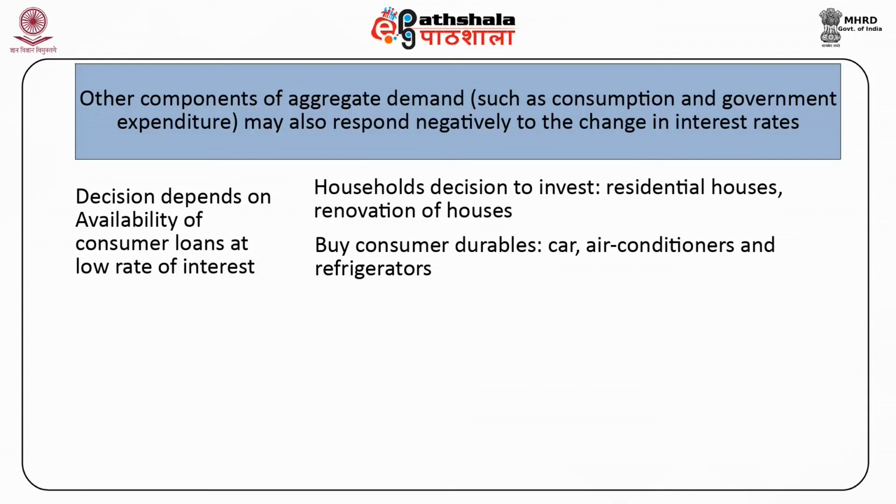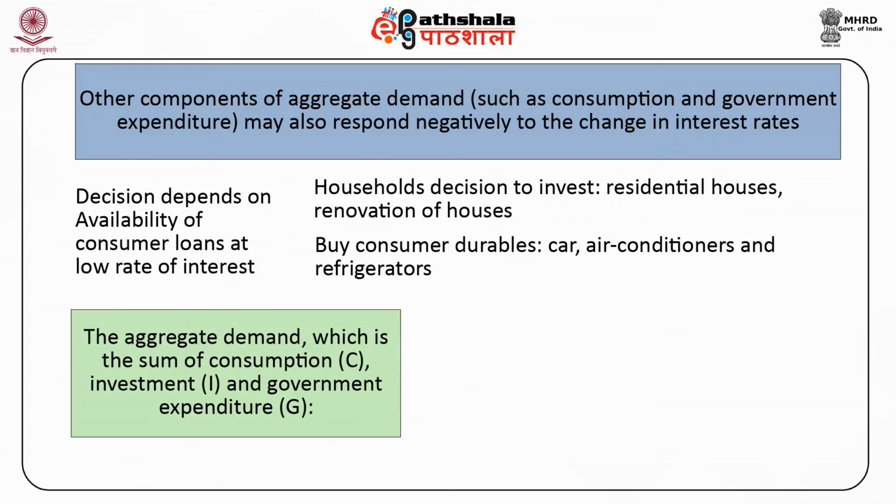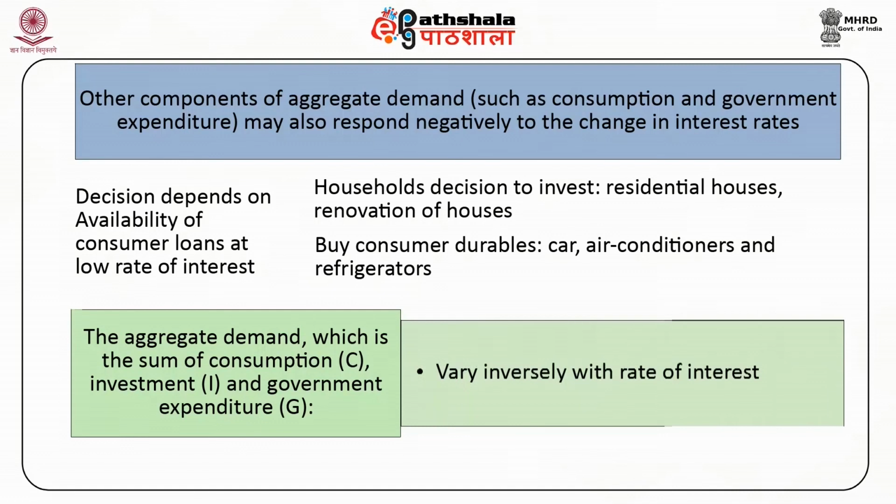Though in the earlier models we have considered government spending to be exogenous, it could happen that the government may incur additional expenditure if its borrowing costs go down due to lower interest rates in the economy. Thus, the aggregate demand, which is the sum of consumption C, investment I, and government expenditure G, is expected to vary inversely with rate of interest.